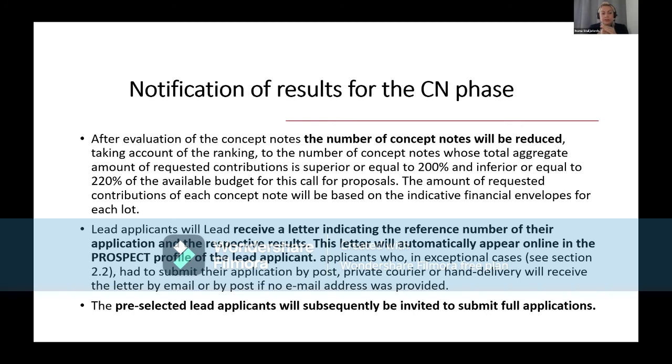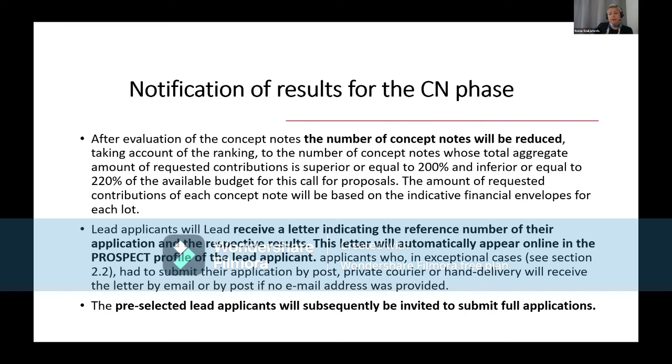So on the basis of the score, there is a ranking list, and the amounts for the requested EU contribution are also listed there. For example, for lot 3, the allocated amount out of 2.5 million available under this call is 1 million euros.